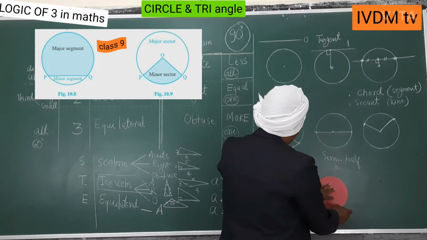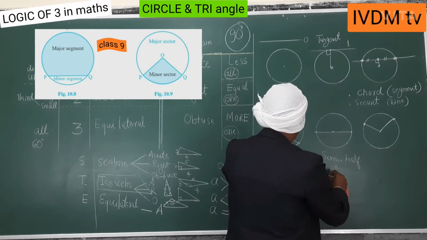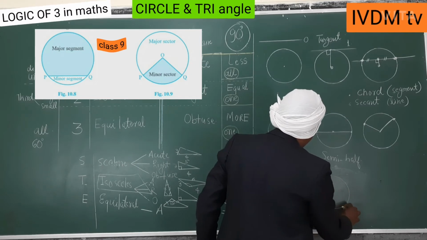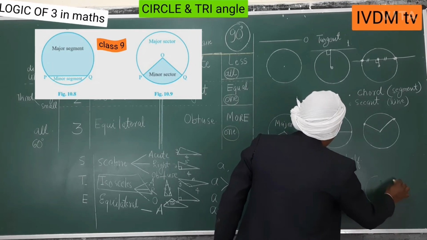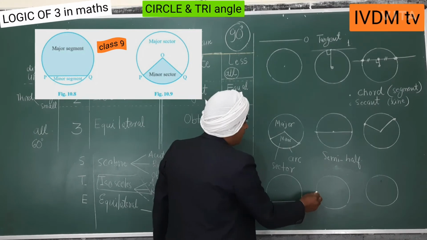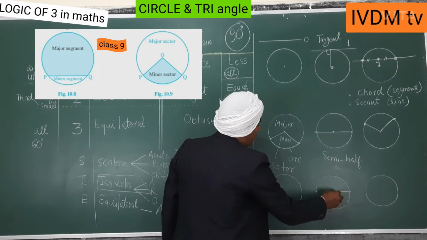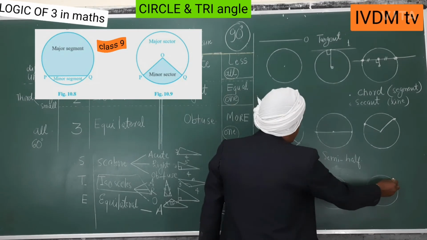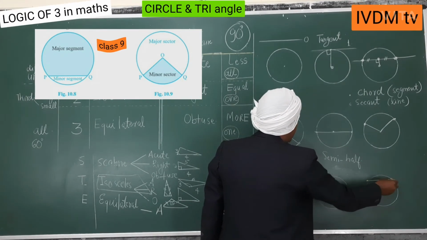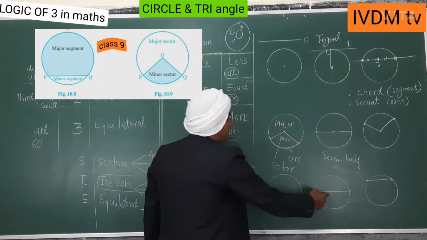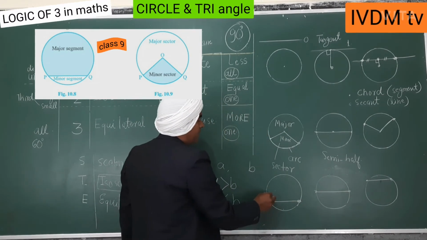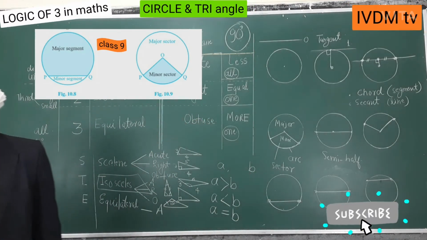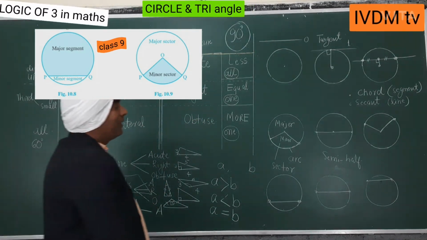Similarly, you may have equal. Equal means if you take the largest chord, the diameter, and divide like this, this type of division is called, in class 9th, a segment. This is called a segment of the circle, not a segment of the line.